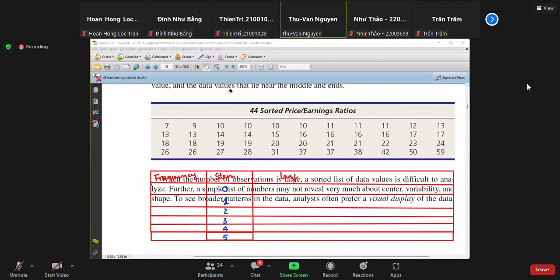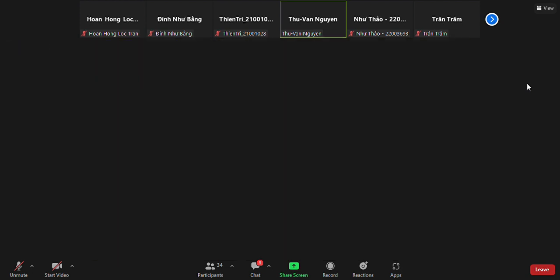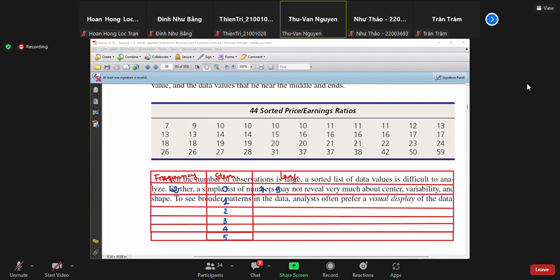Okay, now next, stem 0. The leaves will be 7, 9. There are 2 numbers, so you can write here that the frequency is 2. And now next, the stem 1.